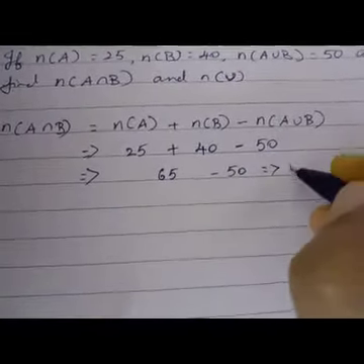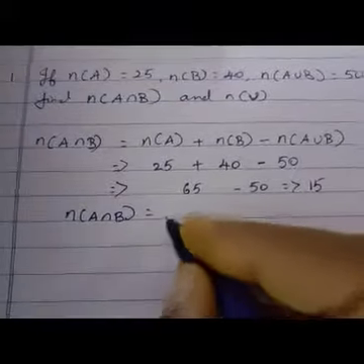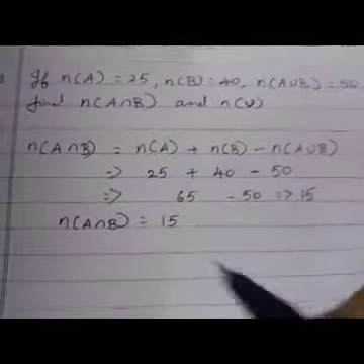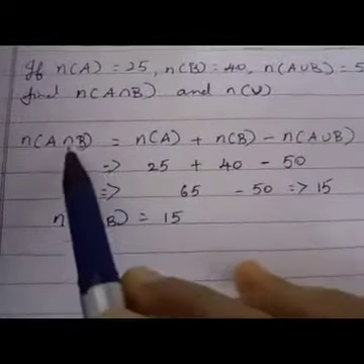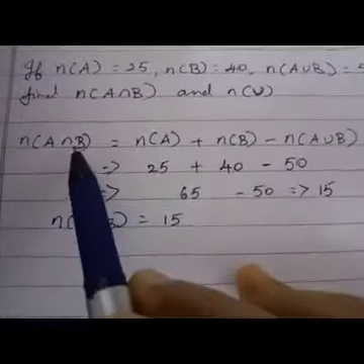Your answer is n of A intersection B equal to 15. Have you understood, students? If n of A intersection B is asked, it means n of A plus n of B minus n of A union B.